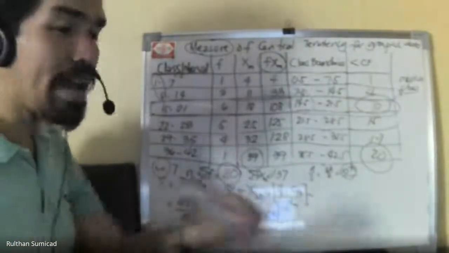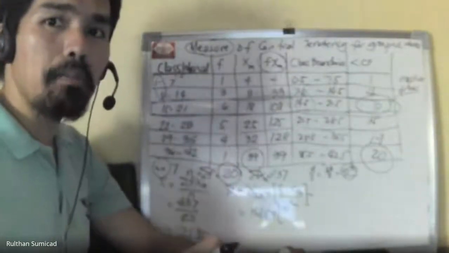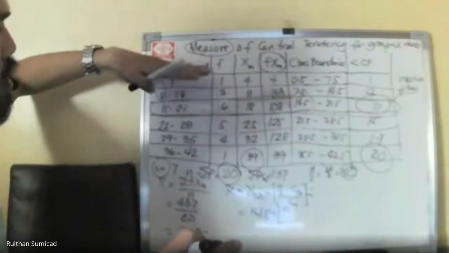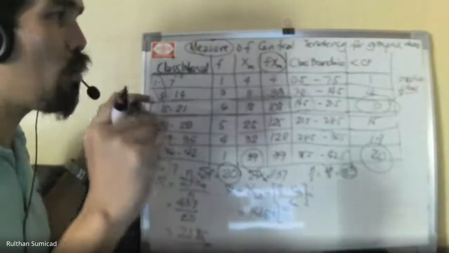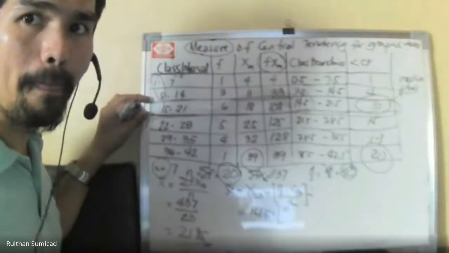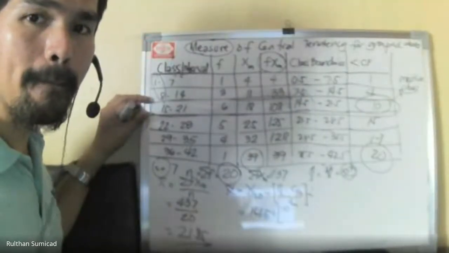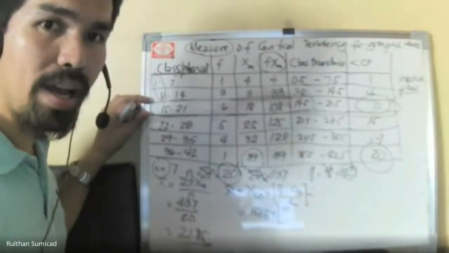By the way, CFB stands for cumulative frequency before the median class. If this is our median class, take note, our table is, this is the lowest interval, going to the highest class interval going down. So therefore, if this is the median class, what is the cumulative frequency before this interval?